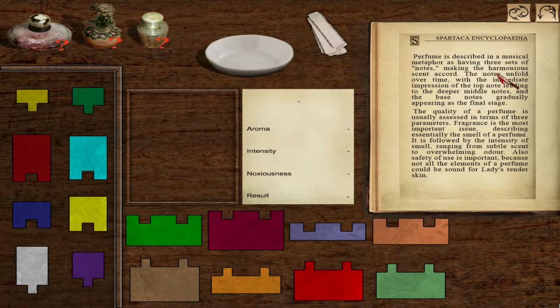Oil, dog musk. So the notes unfold over time, with the immediate impression of the top note leading to deeper middle notes and then the base notes. So am I understanding correctly? When I dip this, the first color would be the top aroma, and then gradually it will descend to the color that would be the base color.